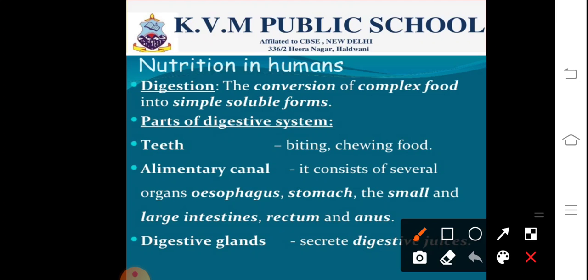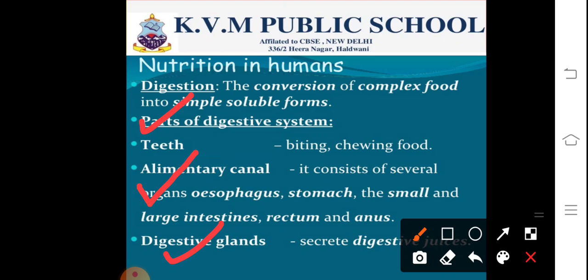The basic component parts of the digestive system include the teeth, which are required for biting, chewing the food, and cutting down the food into pieces. The alimentary canal consists of the esophagus, stomach, the small intestine, the large intestine, rectum, and finally the anus, and also the digestive glands.